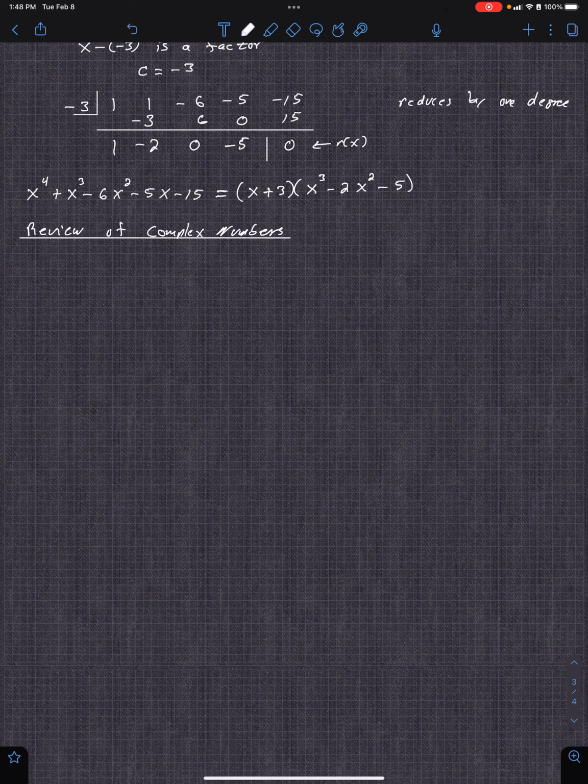The form we use for a complex number is a plus bi, where a and b are real numbers, and i is defined to be the square root of negative 1, where i squared is equal to negative 1. So you square something and get a negative value.